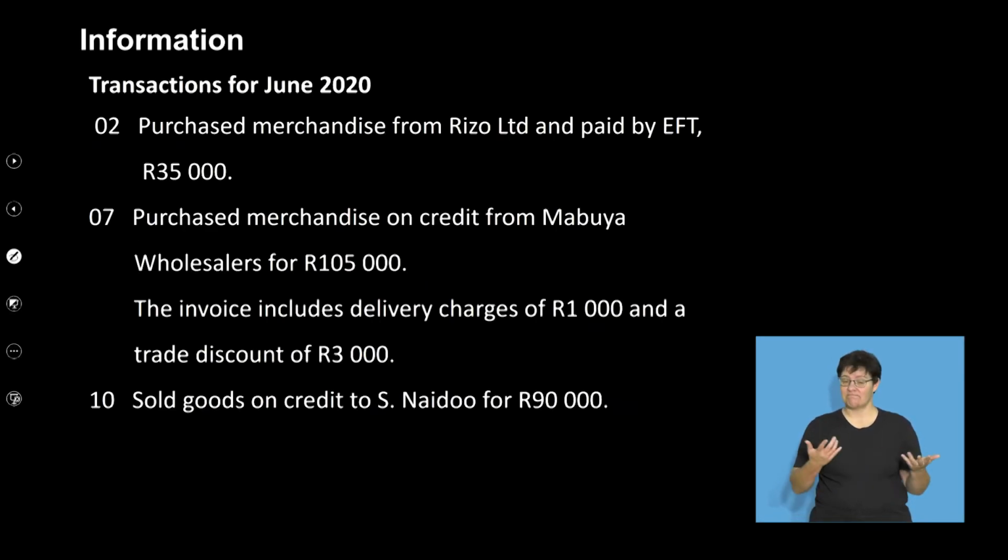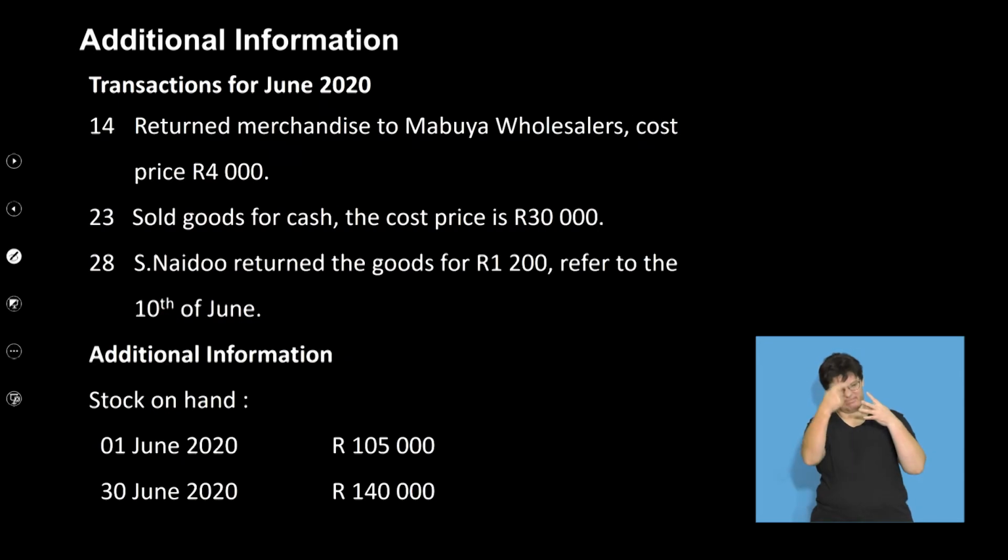There's your transactions. Purchase merchandise from Rizo Limited and paid by EFT. Purchase merchandise from Abuya wholesalers for 105,000. The invoice includes delivery charges and a trade discount of 3,000. Sold goods on credit to S. Naidu for 90,000. Those are just your transactions and your information.